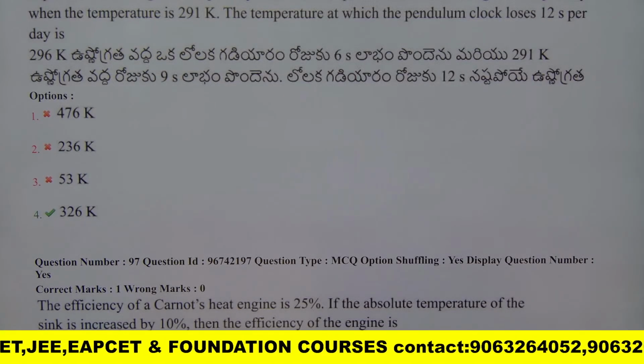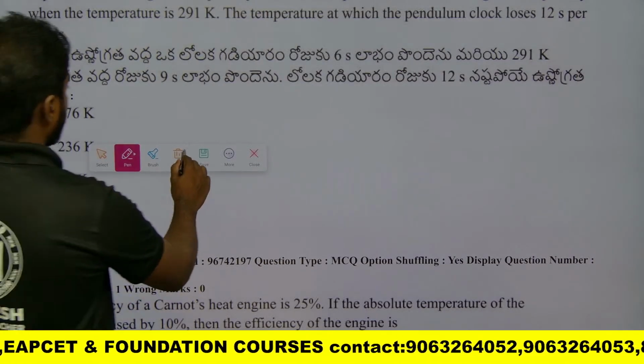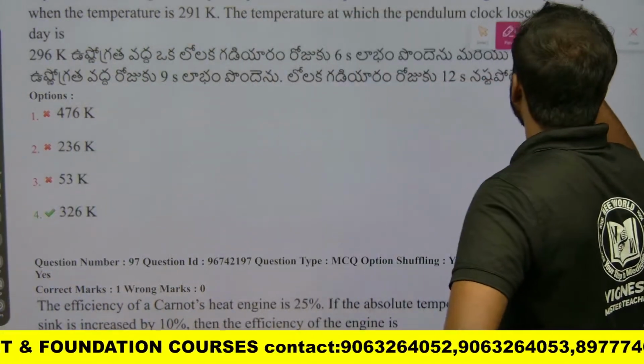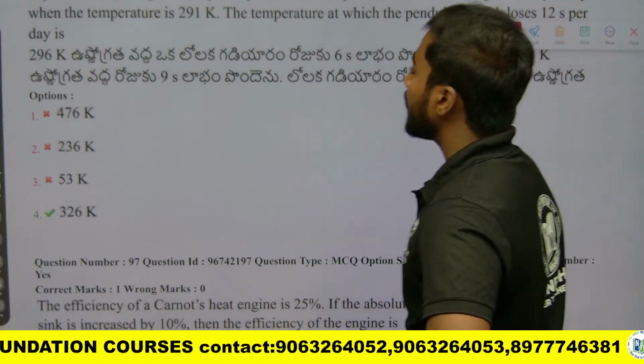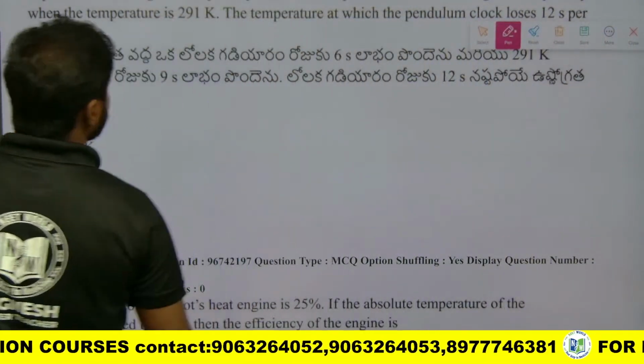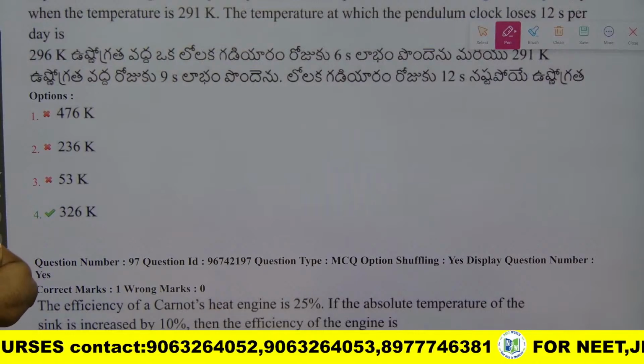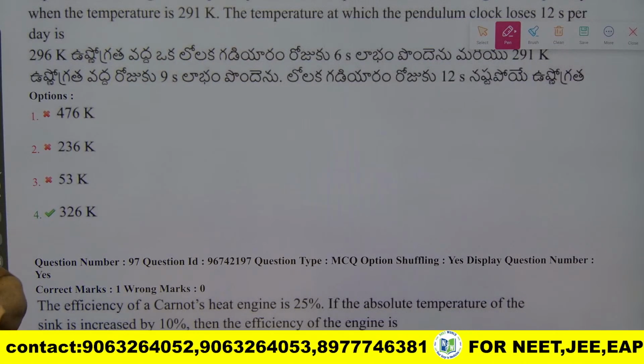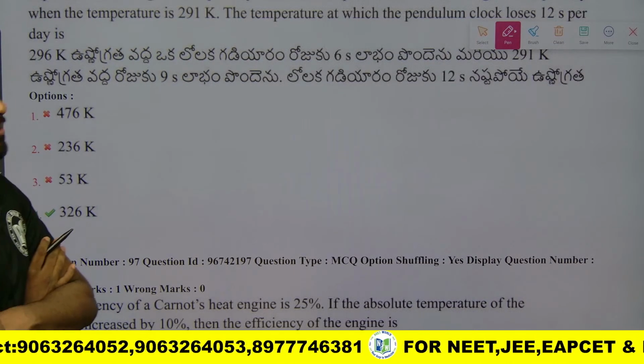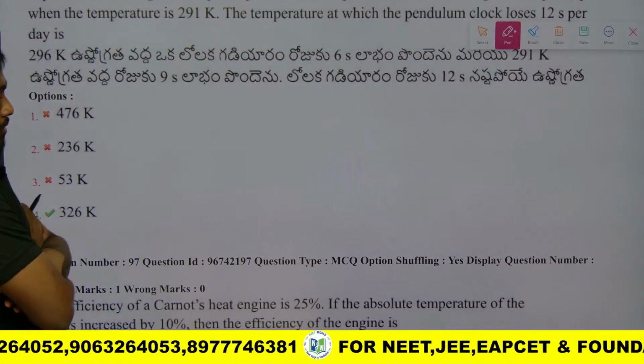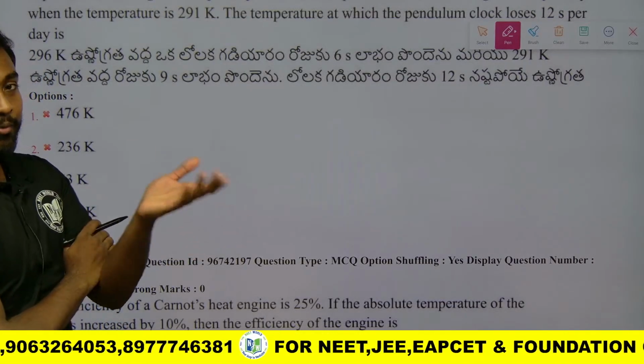So take a look at this question. What they are saying here, a pendulum clock gains 6 seconds per day when the temperature is 296 Kelvin. Okay, 6 seconds per day means it has been increased, right?